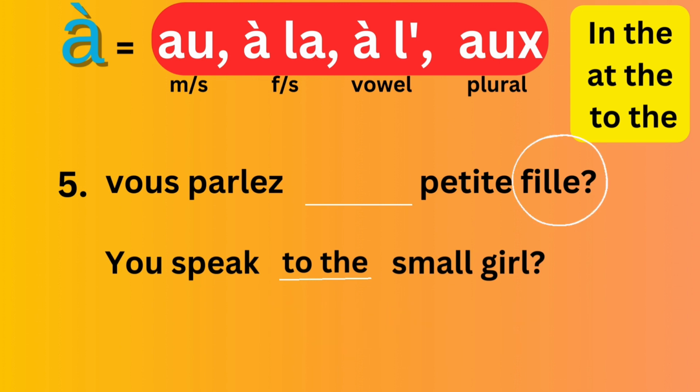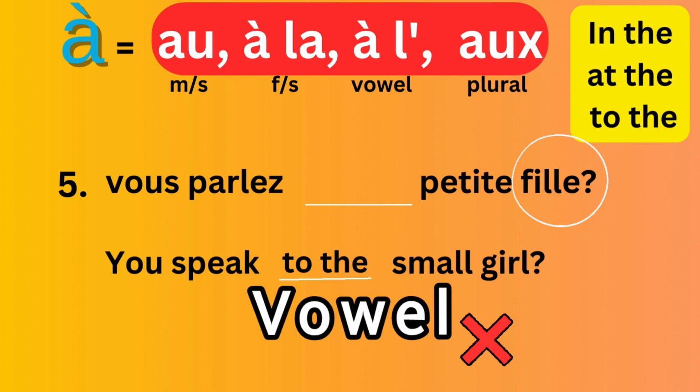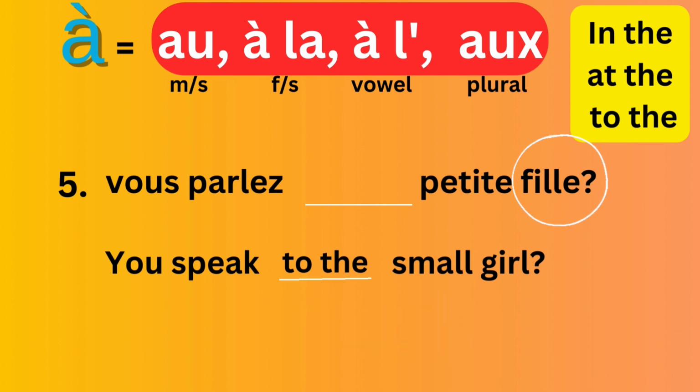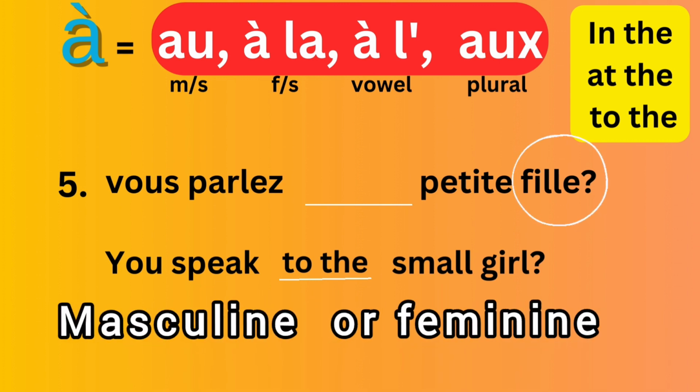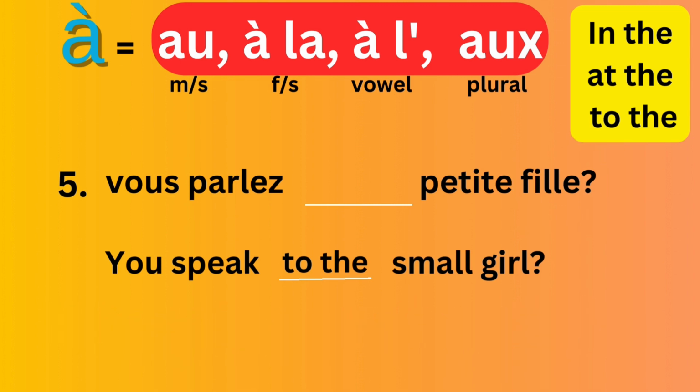Then see if it begins with a vowel. No, it doesn't begin with a vowel. Then check if it is masculine or feminine. Of course, fille is feminine and singular. So we use the option à la, feminine singular. Vous parlez à la petite fille. You speak to the small girl.